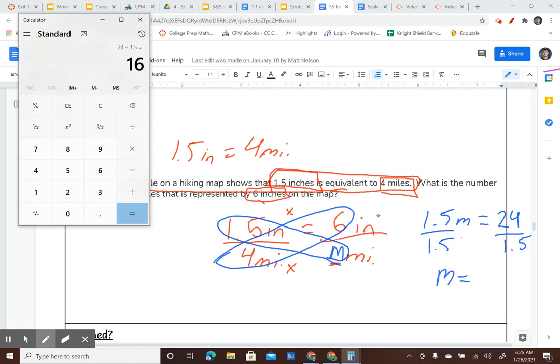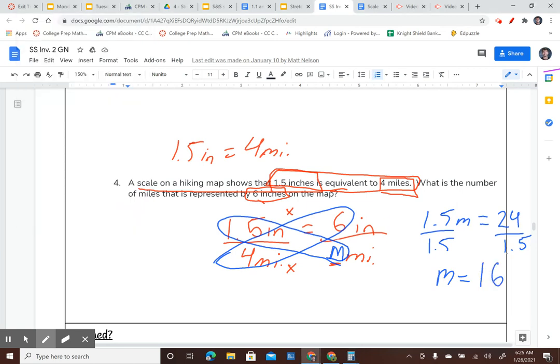That equals 16. So, how many miles would it be? It would be 16 miles. Because here we're multiplying by 4, and here we're multiplying by 4.